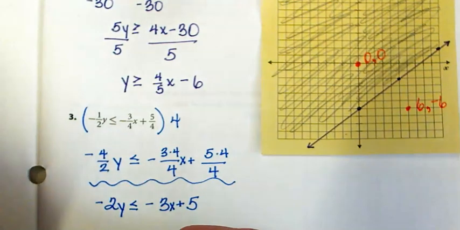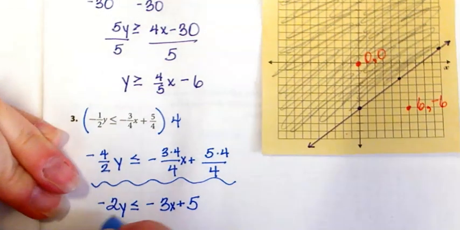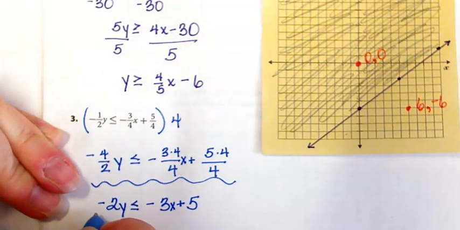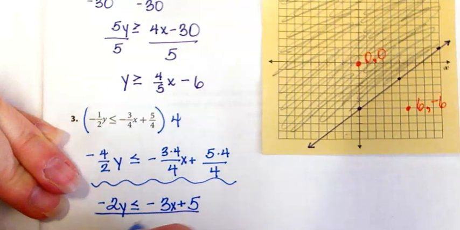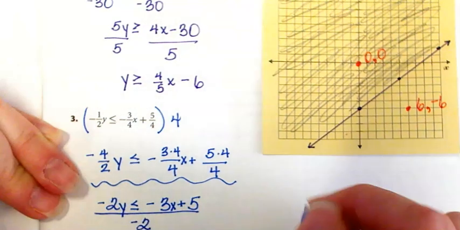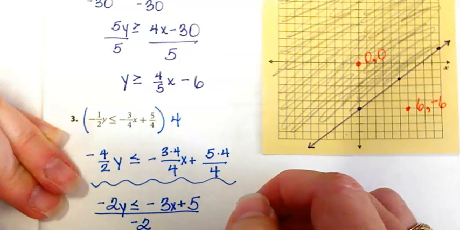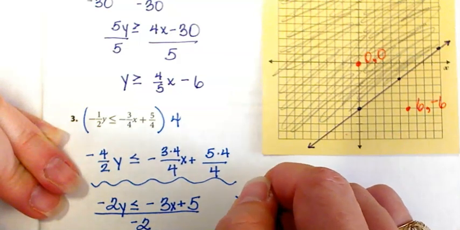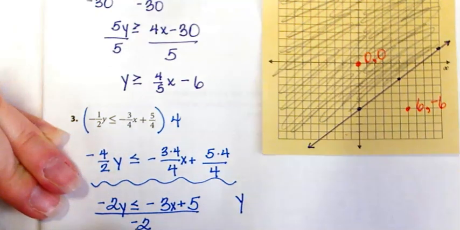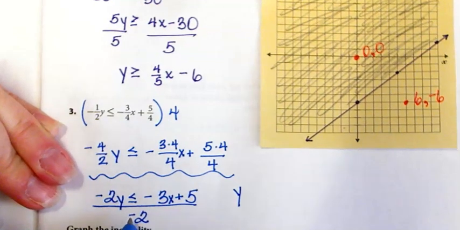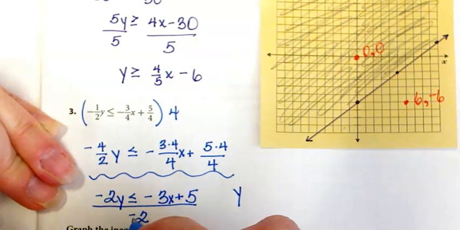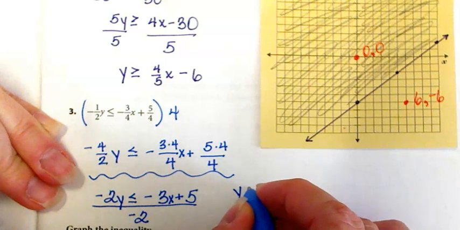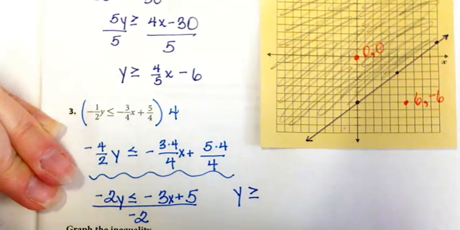And then I am going to divide everything by -2 so that I get y and then the rest of the inequality. So all of this divided by -2. -2y divided by -2 is just y. Now, I'm dividing by -2. Remember, if I divide or multiply by a negative, I have got to flip the sign.